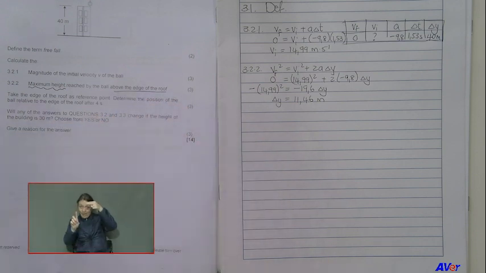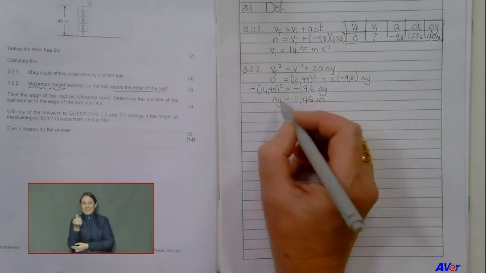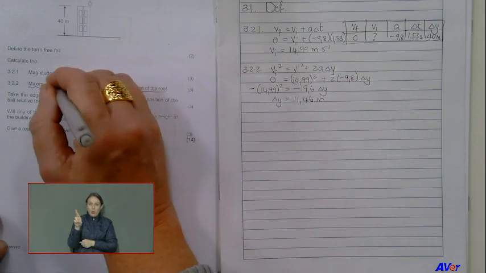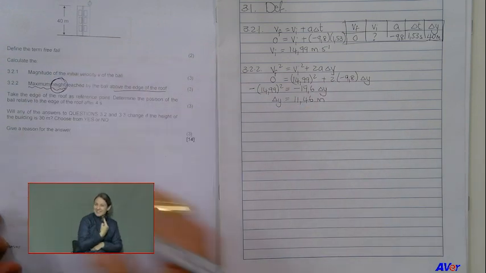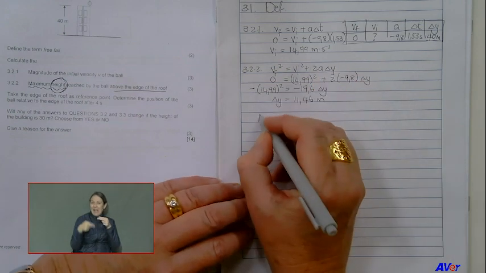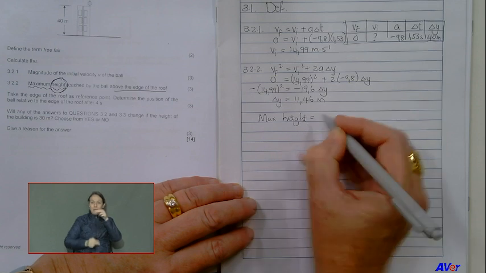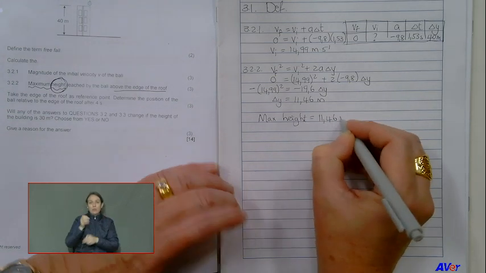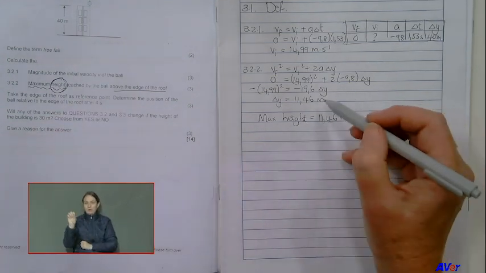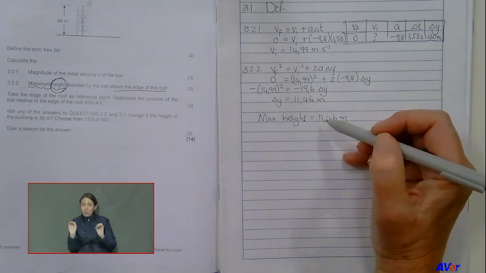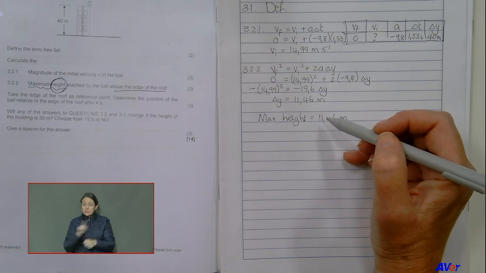But please, now it's very important. Delta Y is a vector quantity. What did they ask? They ask height. So you must now write maximum height equals 11,46 meters. If you don't do that last part, then you won't get the third mark because you didn't answer the question.